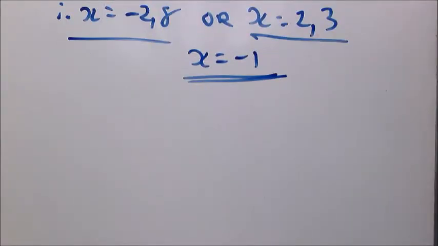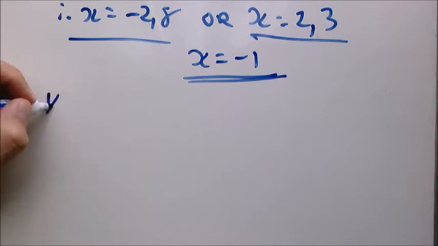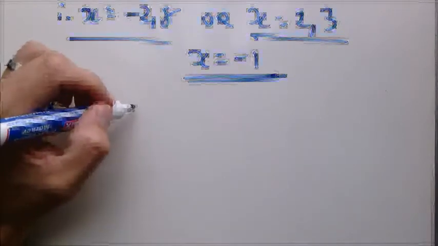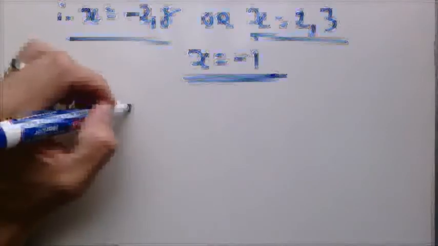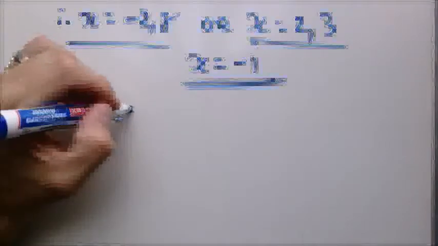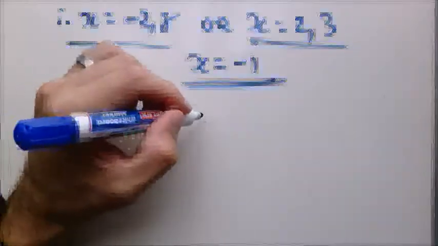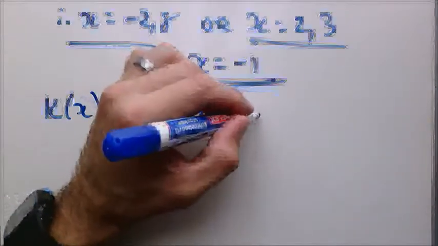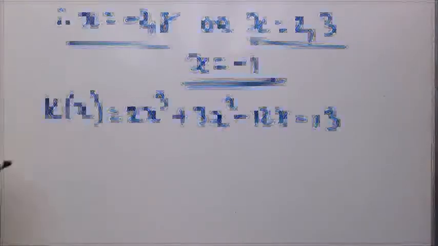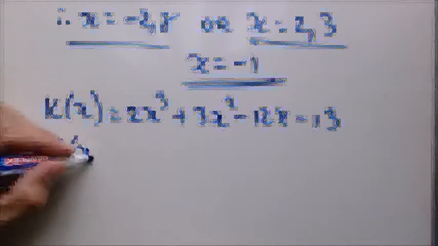And now we are going to move on to the turning point. So our initial expression was equal to 2x to the power of 3 plus 3x to the power of 2 minus 12x minus 13. And now we are going to get the first derivative.